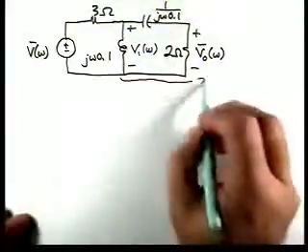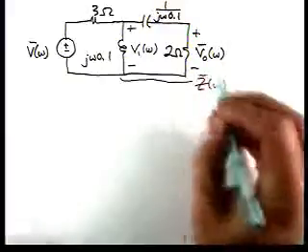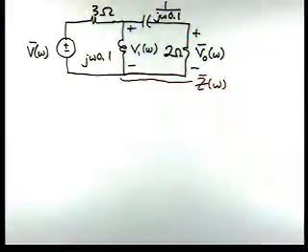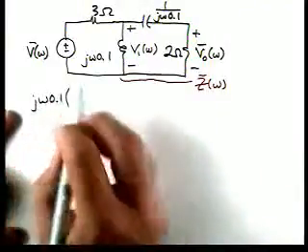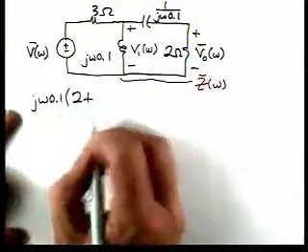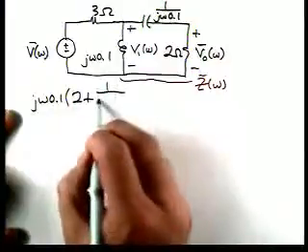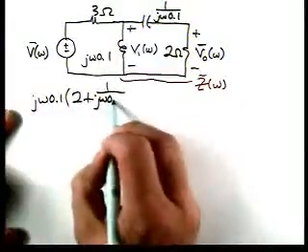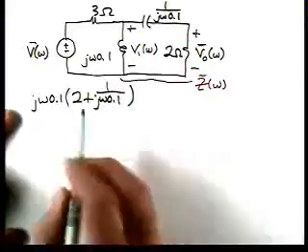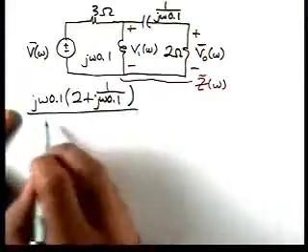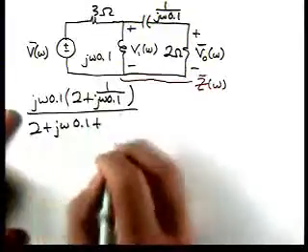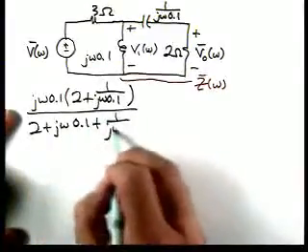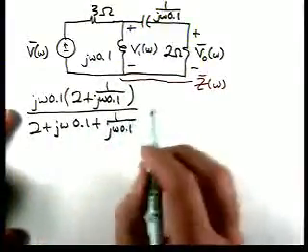So let's first calculate, I'll call it Z of omega, which is that combination. So we have j omega 0.1 times 2 plus 1 over j omega 0.1, divided by 2 plus j omega 0.1 plus 1 over j omega 0.1.